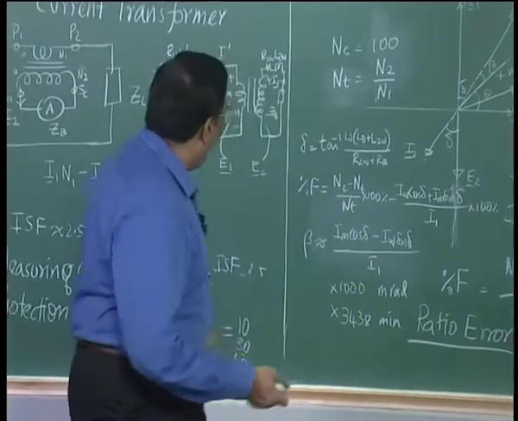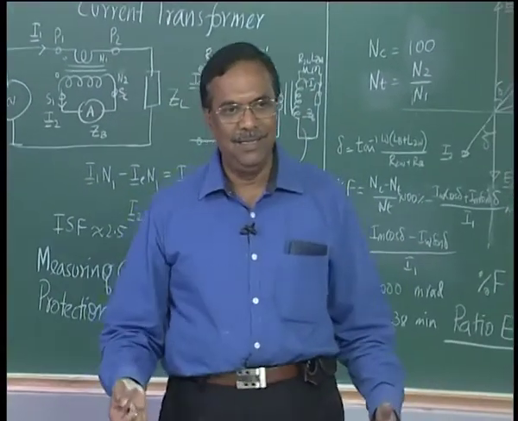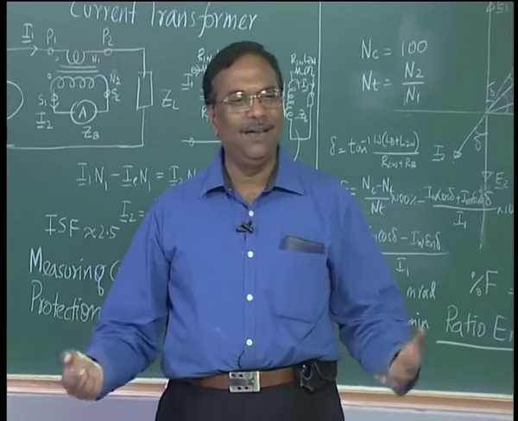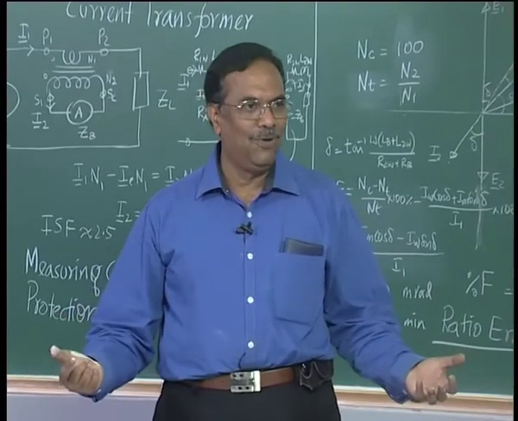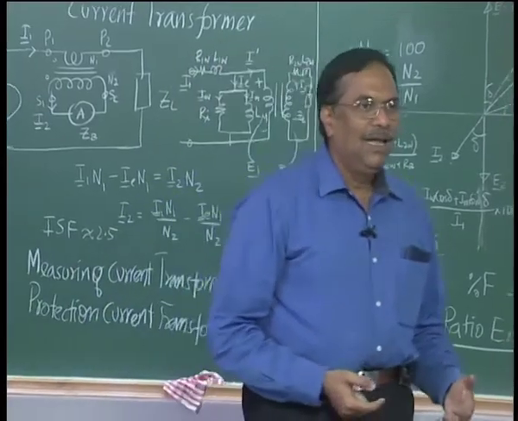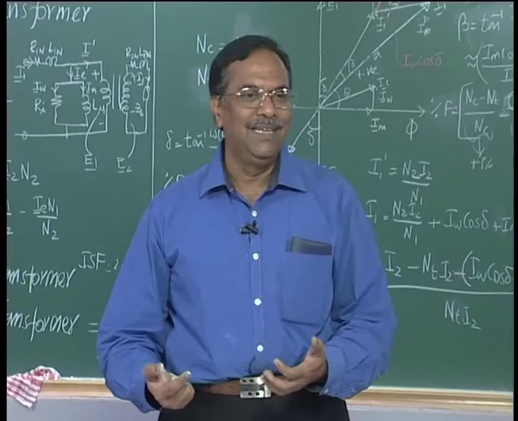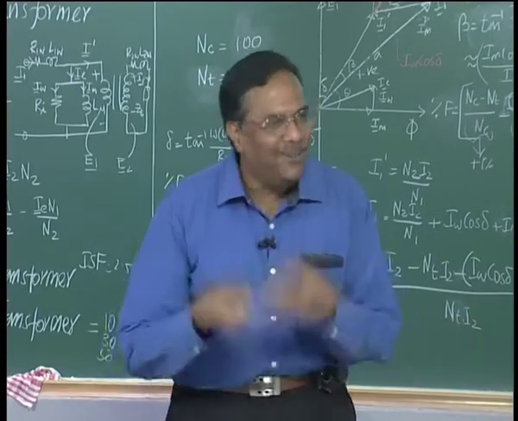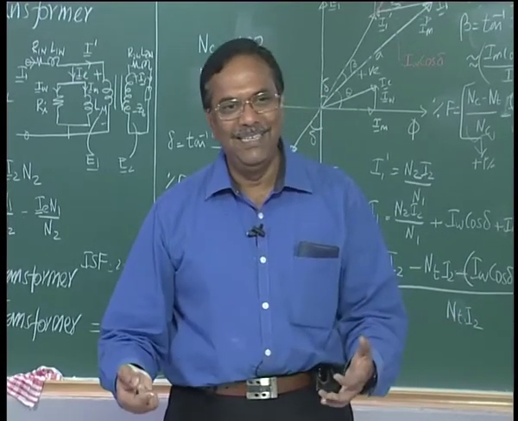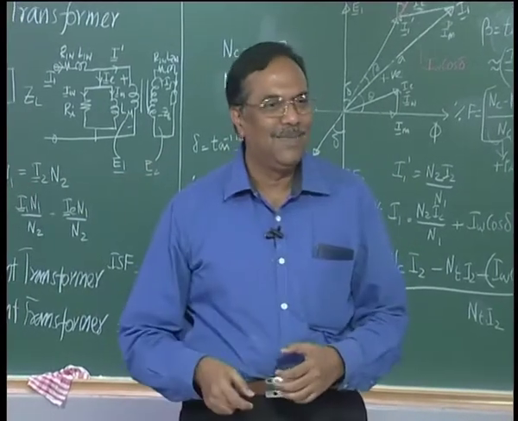Now when a fault current occurs and I have 10,000 amperes, I am expecting a nominal current of 100 amperes to flow, and then there is a fault current of 10,000 amperes. Even if I measure the 10,000 amperes as 9,000 amperes, I am not really bothered, because I know it is a fault; whether it is 9,000 or 10,000, I am going to switch it off.